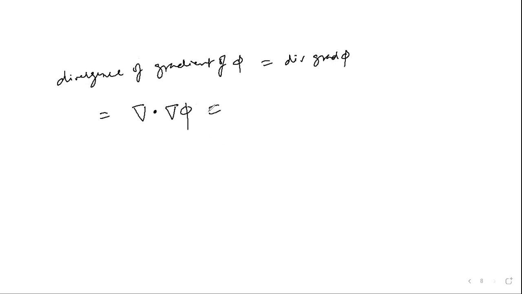This thing has a name. This is called Laplacian of phi. It is simply divergence of gradient of phi. Now you can treat it like a dot product.